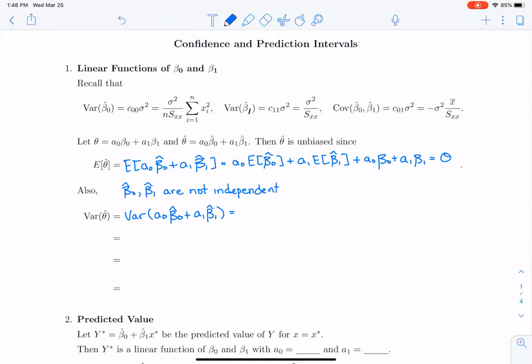So when we compute that variance, we need to use a fact back from probability that the variance is going to be a0² variance of β0 hat, plus a1² variance of β1 hat, plus 2 a0 a1 times the covariance of β0 hat and β1 hat.